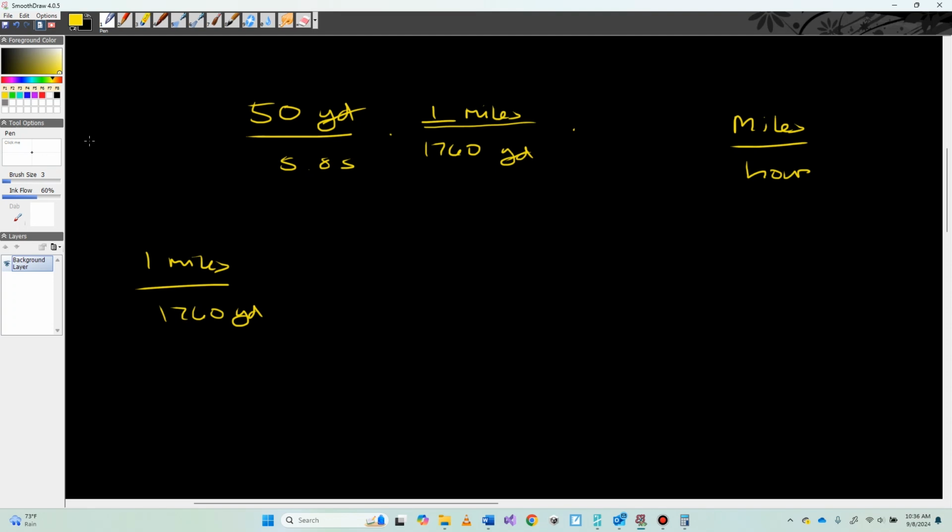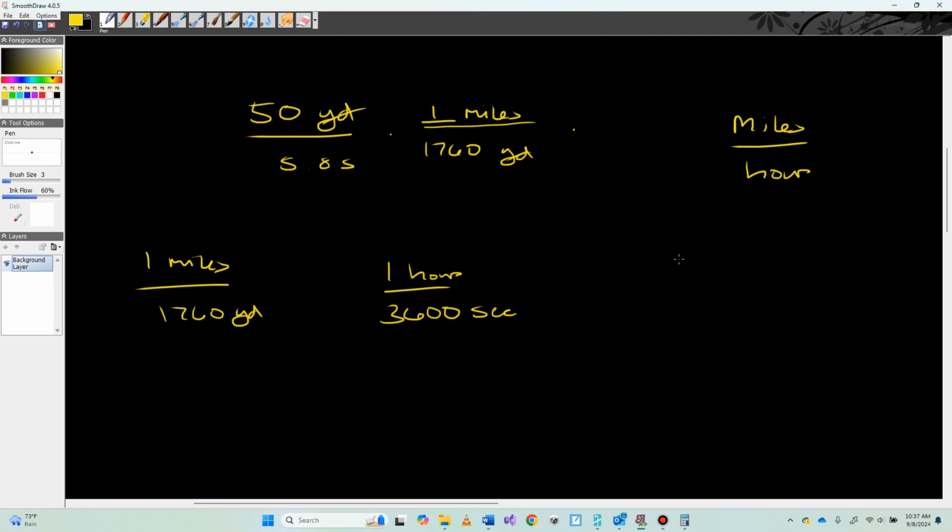So now I need a conversion rate that takes me from seconds to hours. And that is written as the following. 1 hour is equal to 3,600 seconds. And again, I'm converting from seconds to hours. But in this particular case, you will notice that seconds is in the denominator of my rate.